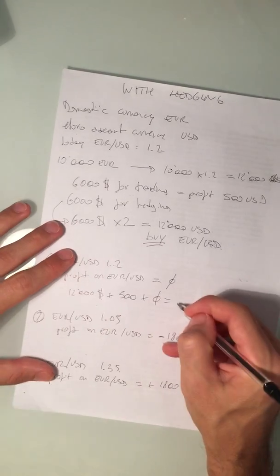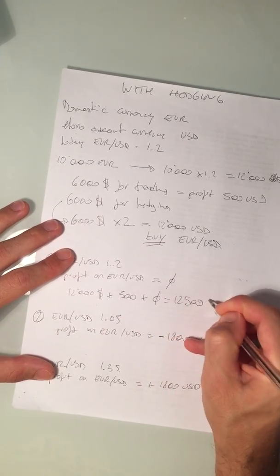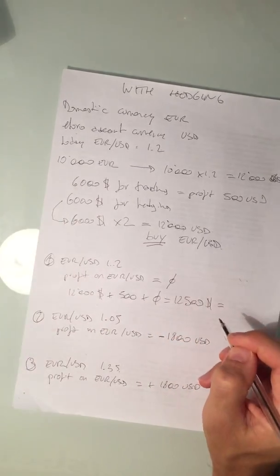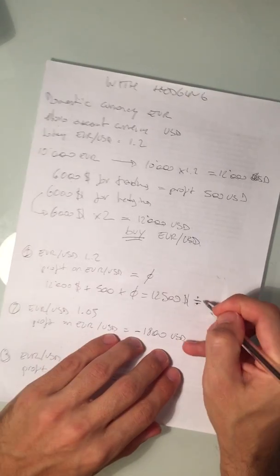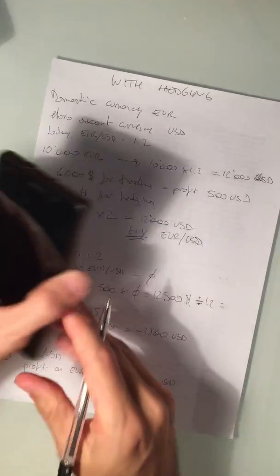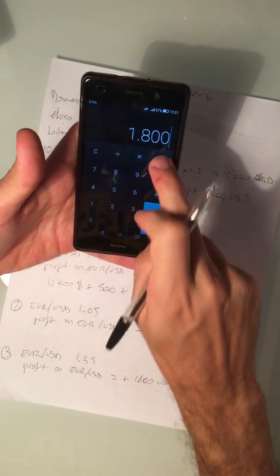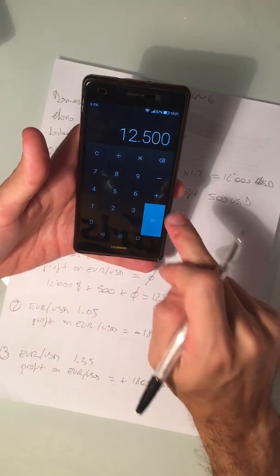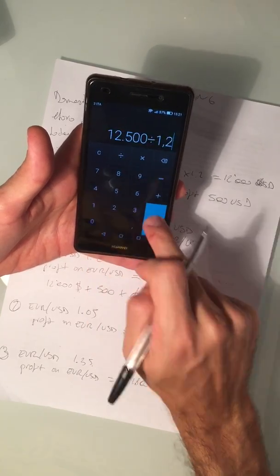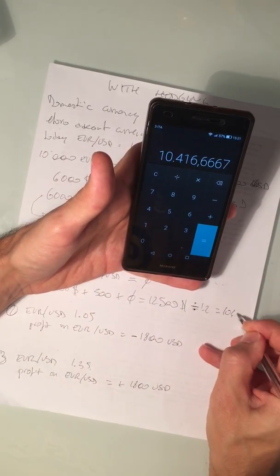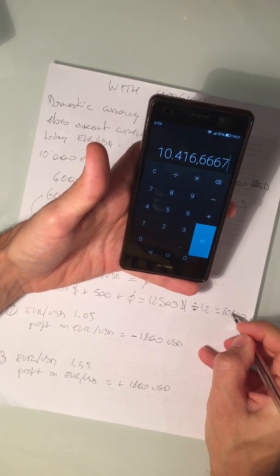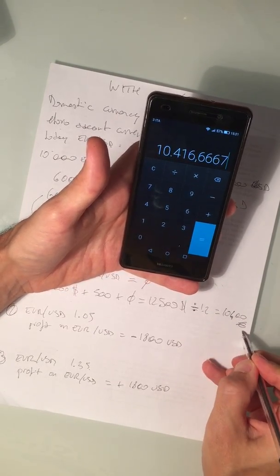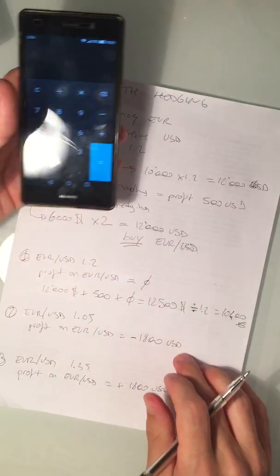So the sum is $12,500, and if I transfer, I have to divide it by 1.2, and the total is 12,500 divided by 1.2. So you have in your account 10,400 euros on your domestic account.